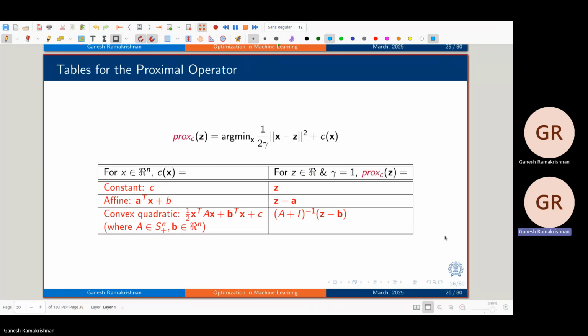This B transpose x will lead to shrinking by B, but this A is creating something called preconditioning. If the eigenvalues of A are large, then you're trying to shrink the eigenvalues of the resultant. Okay, so this is preconditioning based on the quadratic component.